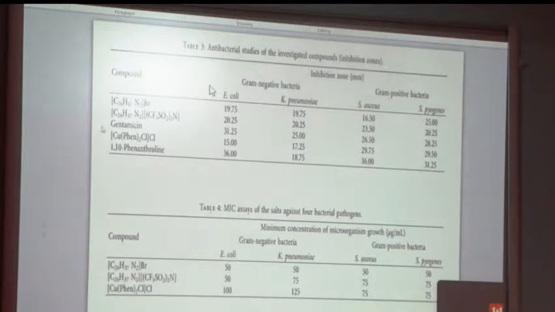Biological activity tests were made, and very promising results on the biological activity were obtained. When you compare with gentamicin, this commercially available drug, and with coordination compounds, these compounds showed a very promising biological activity. For instance, if we take the bromide version of this biological molecule, it inhibited 19.75 millimeter, or killed bacteria, or stopped the multiplication of the bacteria.